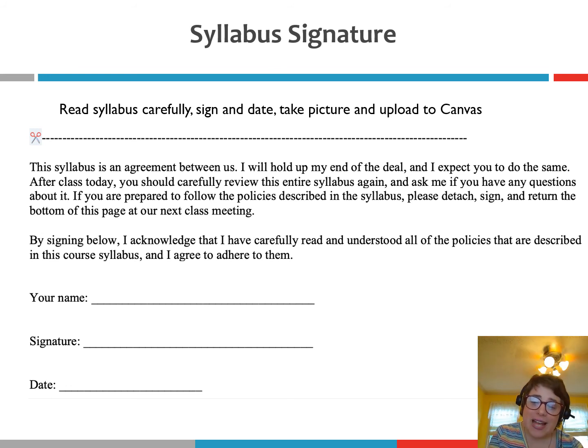Okay, so the last thing I want to emphasize in this video is that if you flip through the syllabus, I do have on the very last page this little cutout sheet here. And basically, I consider my syllabus a contract, right? So my syllabus is my agreement with you that all of my expectations for the course have been clearly laid out, and you're aware of my expectations, right?